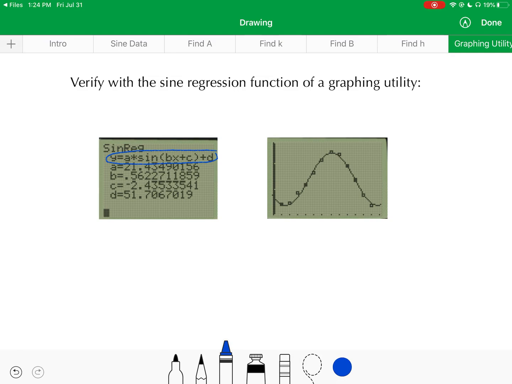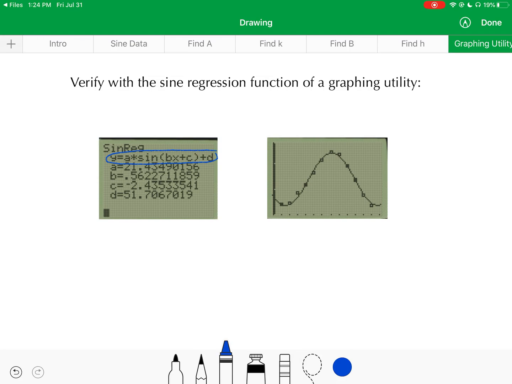Notice the argument of sine here is bx plus c. So they are not accounting for the b value being factored out, so that c can't be thought of as h now, right?